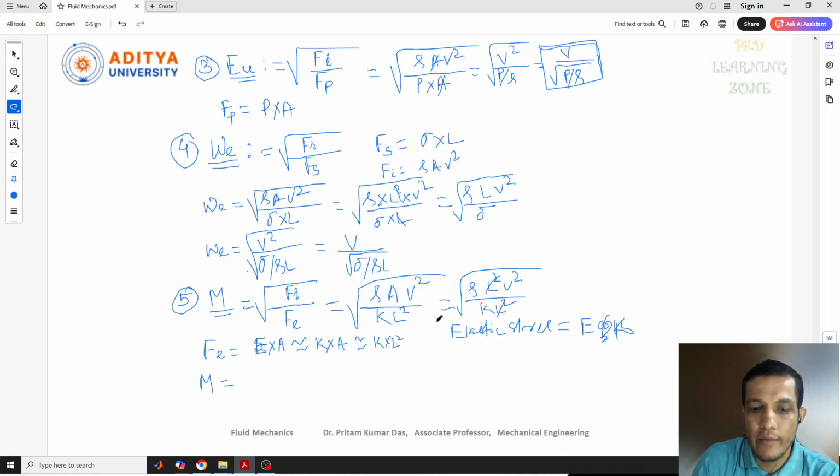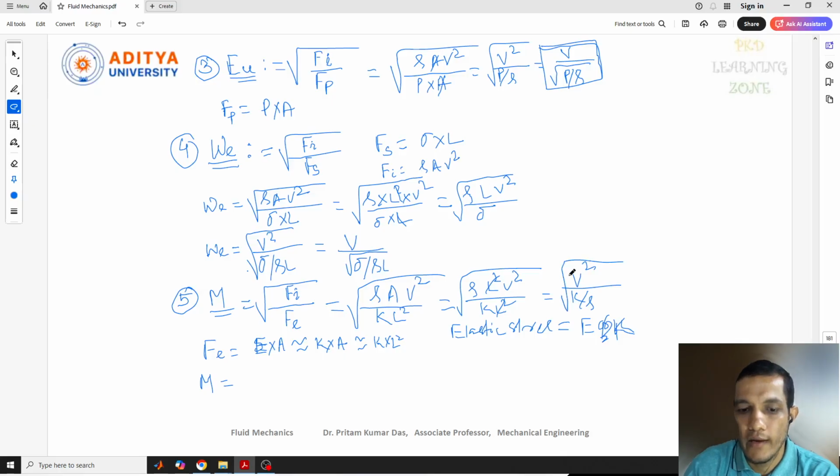Now L square can be cancelled here. So again the same thing, V square divided by K by rho, whole root square. Now if you want to remove the square root, then V normal, divided by root K by rho. So this is the formula.